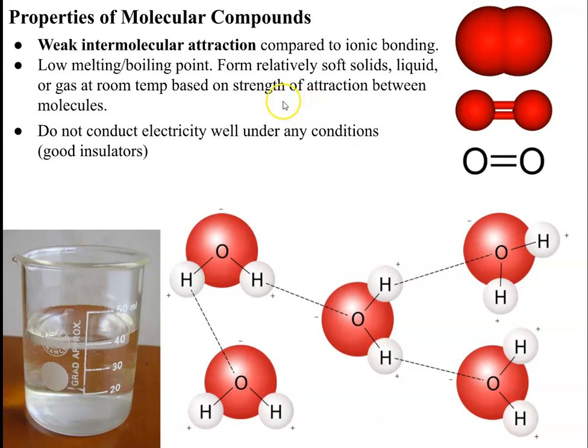As a result, molecular compounds tend to be relatively soft solids, think waxes, plastic, sugar, things like that, liquids or gases at room temperature based on that strength of attraction in between the molecules. So again, not the strength of the covalent bond, but the attraction between the two molecules.